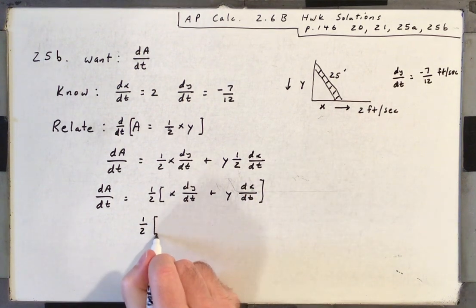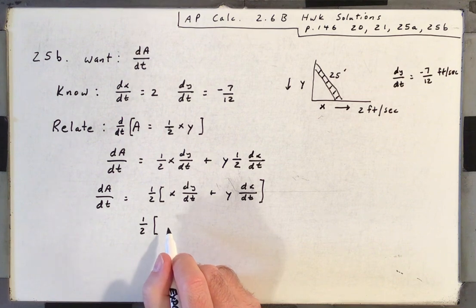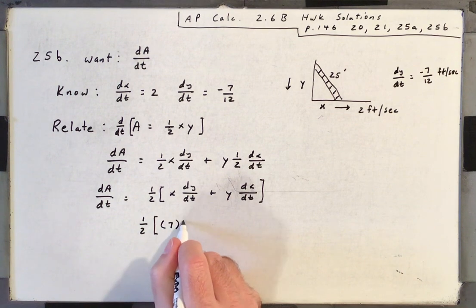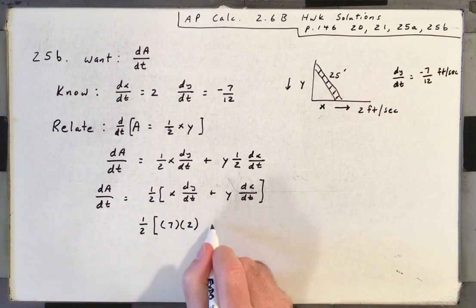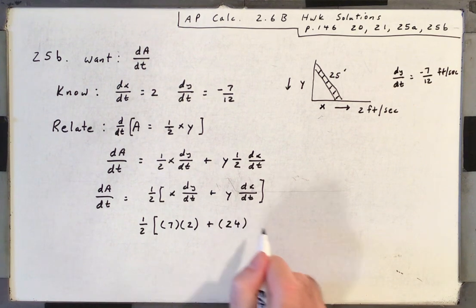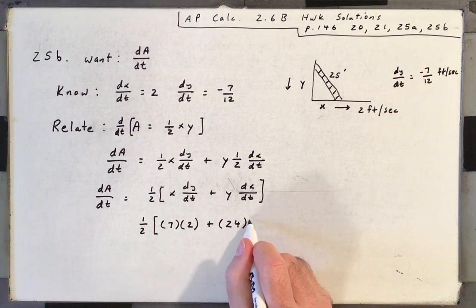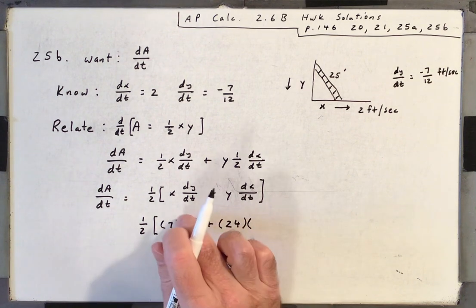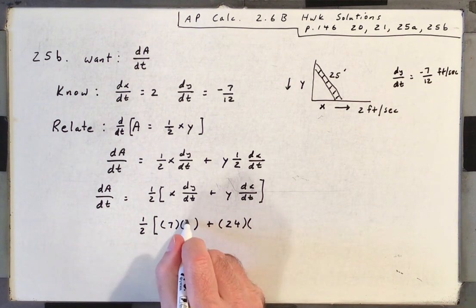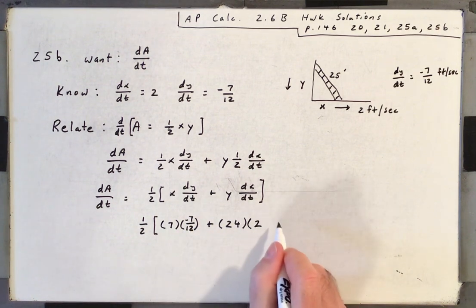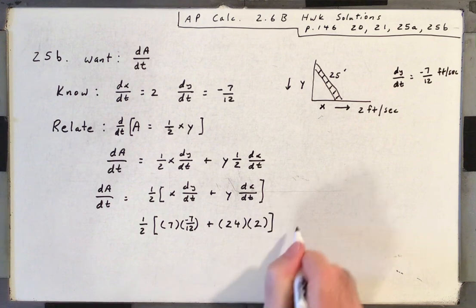Now we can plug in. X is, in this particular case, 7. Plus y was 24 when x is 7. And dy/dt, excuse me, that was dy/dt. Sorry about that. Negative 7/12. And then dx/dt is 2.